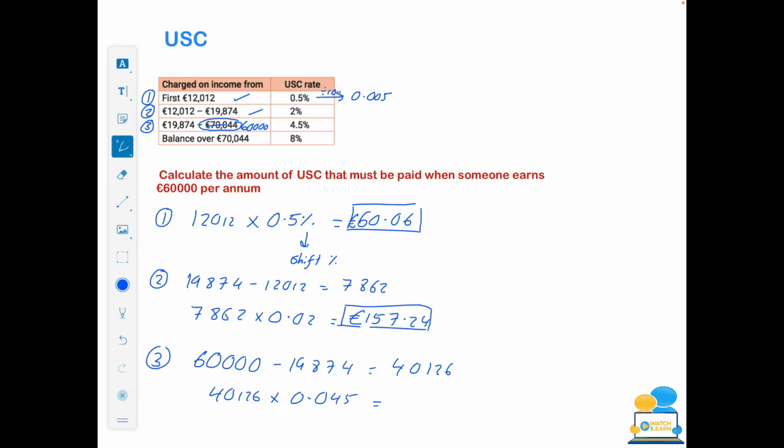So that'll be 0.045. That gives me 1,805.67. That's the USC she must pay on the third chunk. You could have also multiplied there by 4.5 and pressed the percent button on your calculator. Now to find the total, all we do is add up all those boxes.